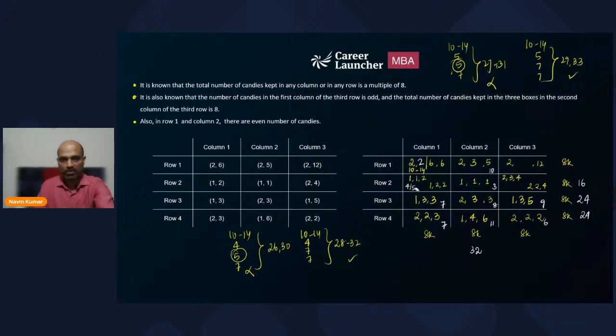Chalo. 112. 112. This will give us a 4. This will give us a 5. This is 9 and 8. 4 plus 3 plus 9 or 5 plus 3 plus 8. Both are possible. Let's look at column 3 now.